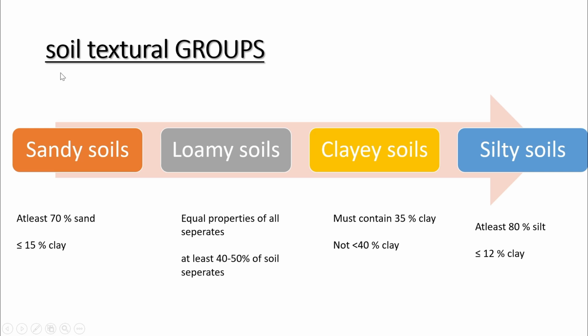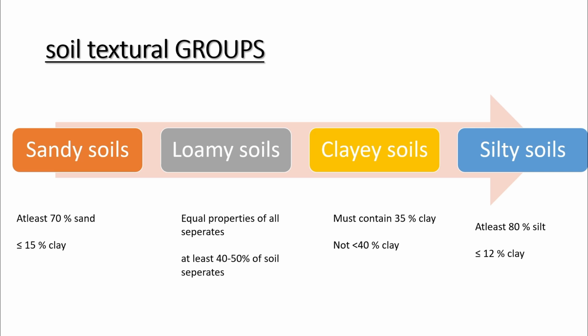We can see what soil textural groups are present. There are sandy soil, loamy soil, clay soil, and silty soil. I have already told you that in any soil, for example sandy soil, it is an incorrect statement that only sand is present, because in sandy soil all the separates are present: sand, silt, and clay, but in different proportions.